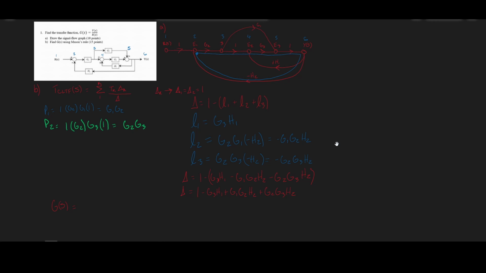So we got G1 G2 times 1, plus G2 G3 times 1, over 1 minus G3 H1 plus G1 G2 H2, plus G2 G3 H2. And that is the answer.